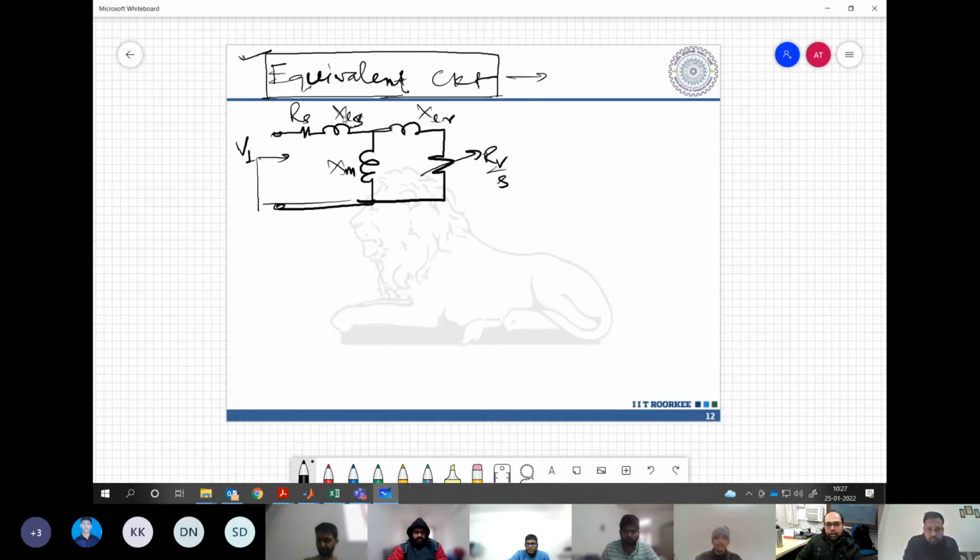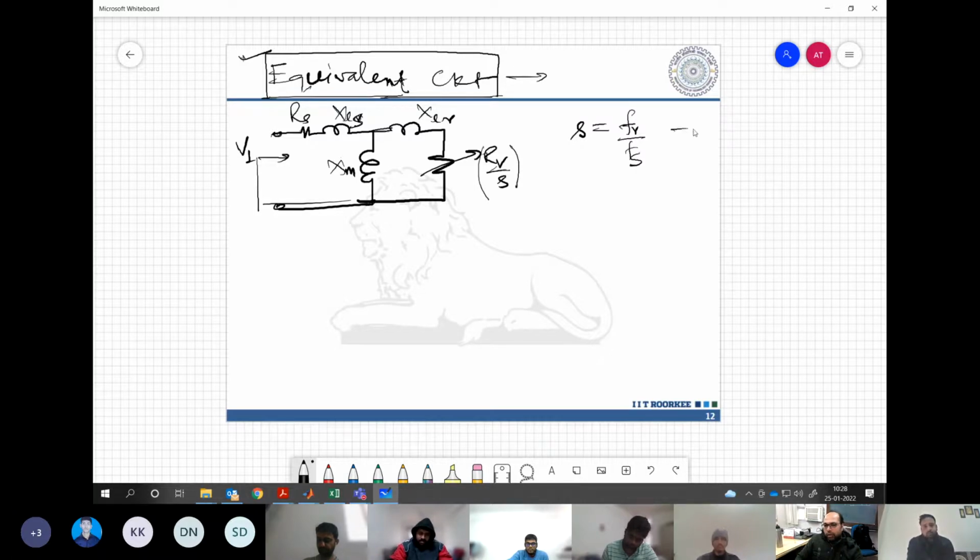So stator leakage reactance. Similarly, we have rotor leakage reactance, magnetizing reactance, and then we have the rotor resistance, which is basically scaled by 1 by S, where S is the slip. So we know S is nothing but the rotor frequency divided by the stator frequency.